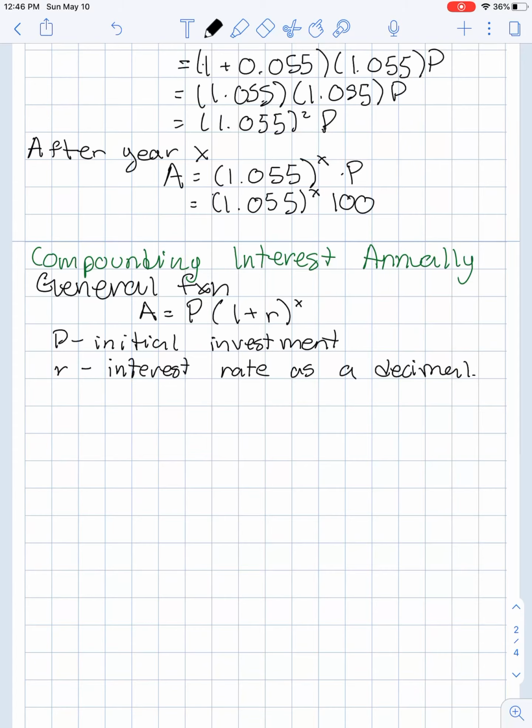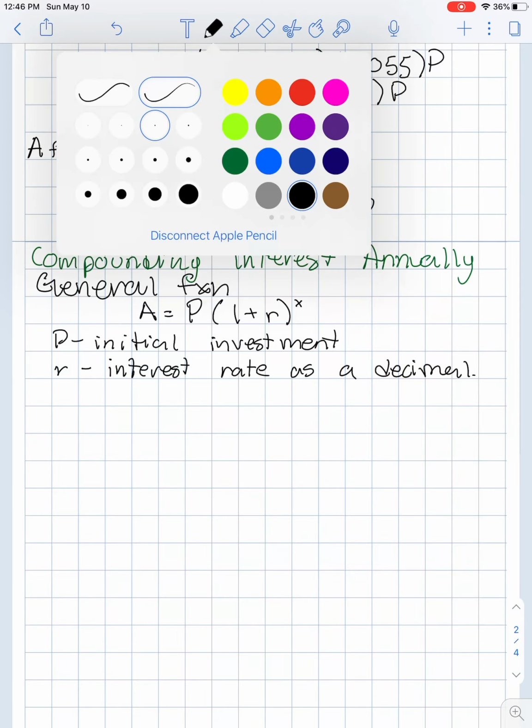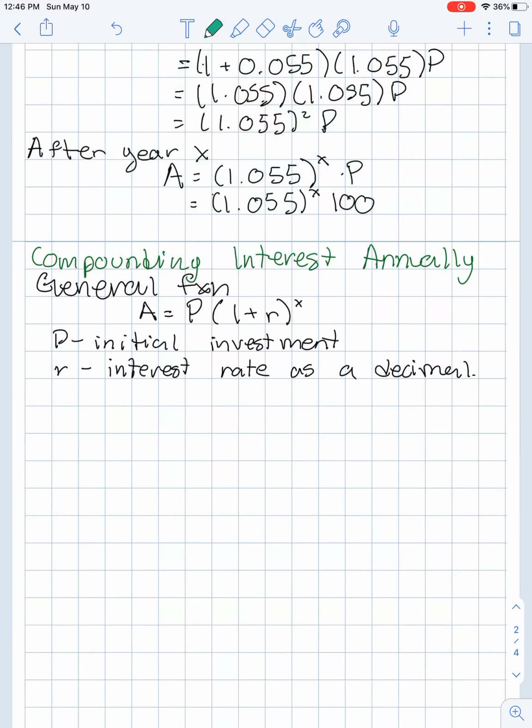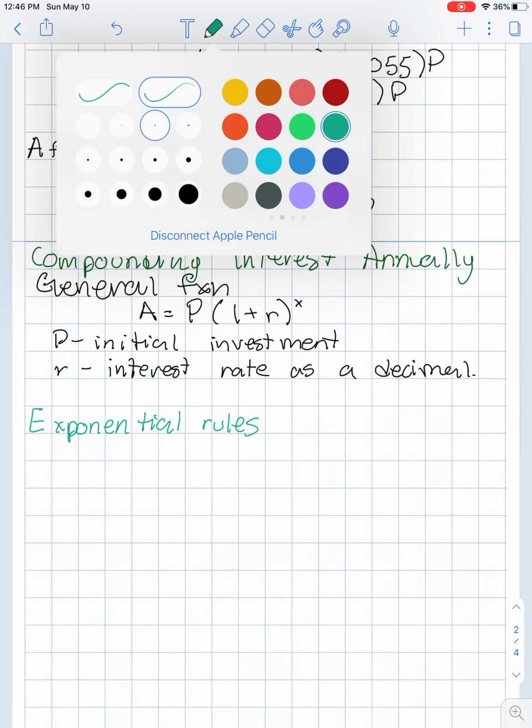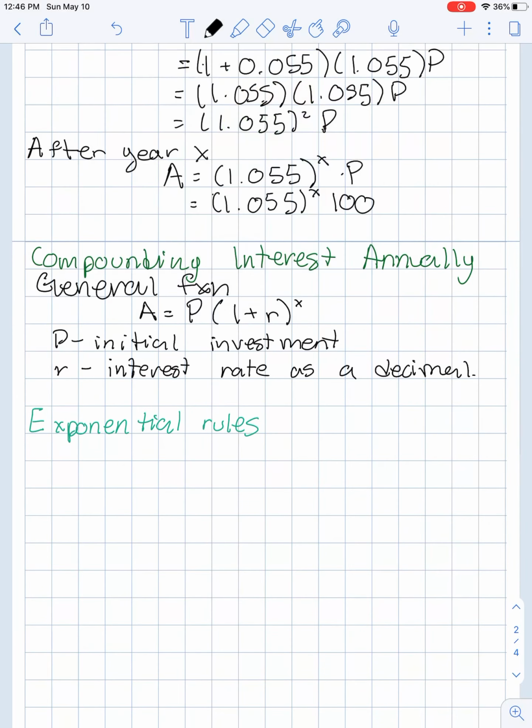So let's review a few more exponential rules and properties before we move on. Let's put new color. I like this green. So a few straightforward ones.